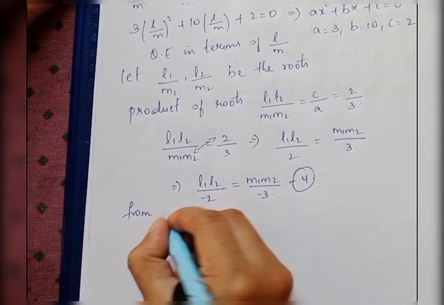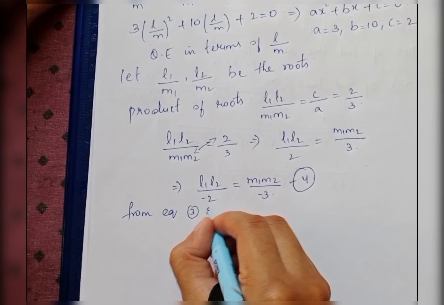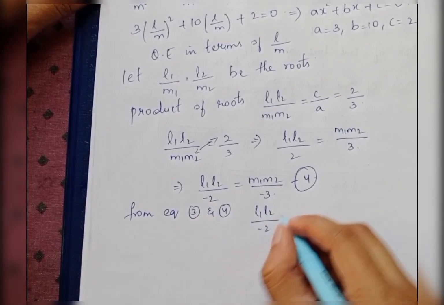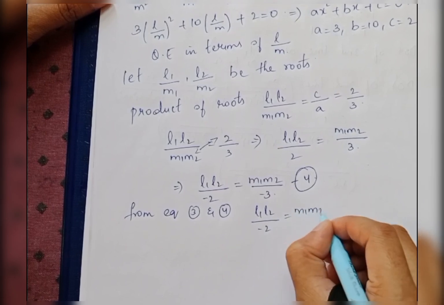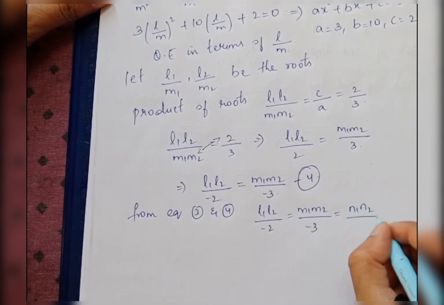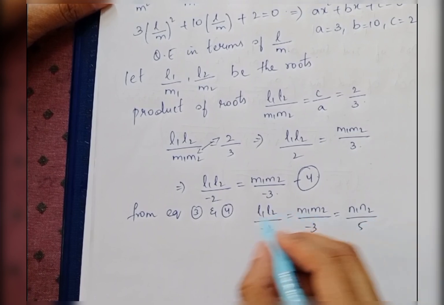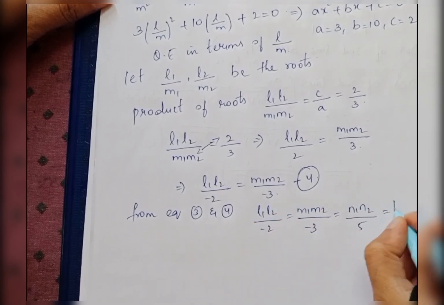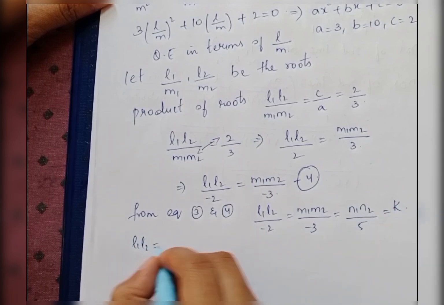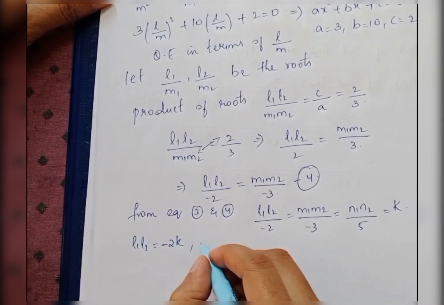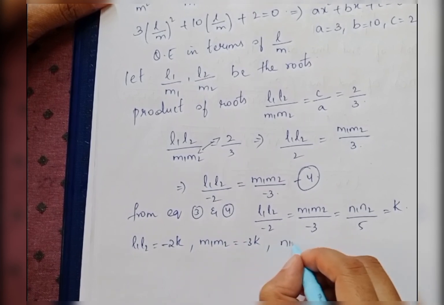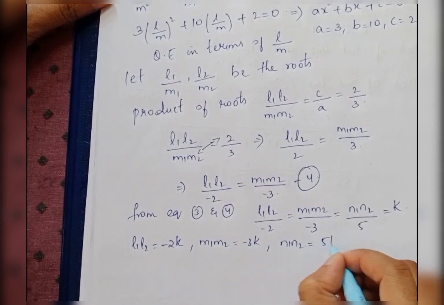From equations 3 and 4, we get l1 l2 by minus 2 is equal to m1 m2 by minus 3 is equal to n1 n2 by 5. We'll consider all these values equal to k. So l1 l2 is equal to minus 2k, m1 m2 will be equal to minus 3k, and n1 n2 is equal to 5k.